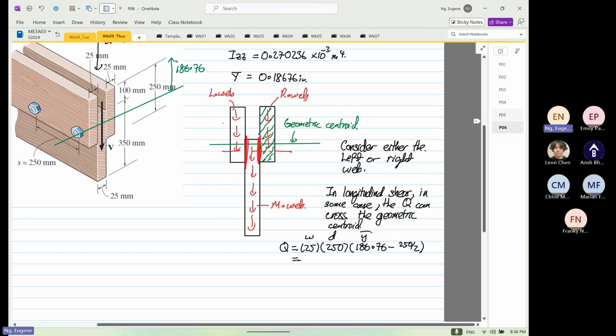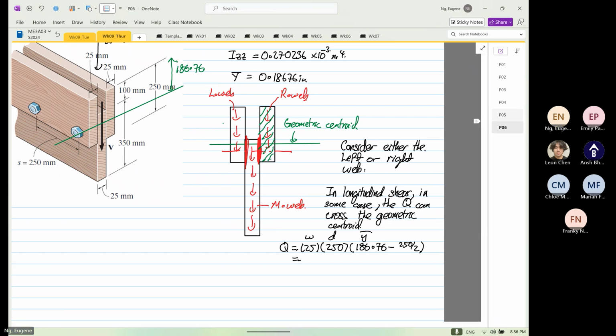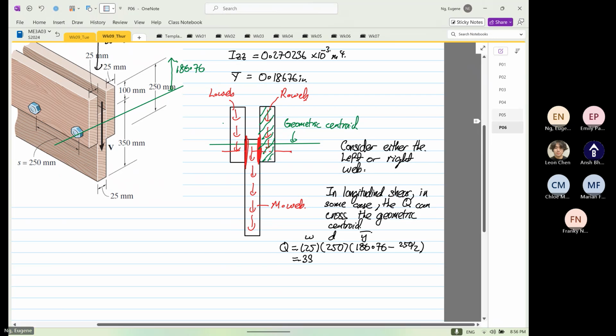So Q is equal to (186.76 minus 250 divided by 2) times 250 times 25. You get 386 times 10 to the power 3 millimeter cube, or 386 times 10 to the power minus 6 meter cube.